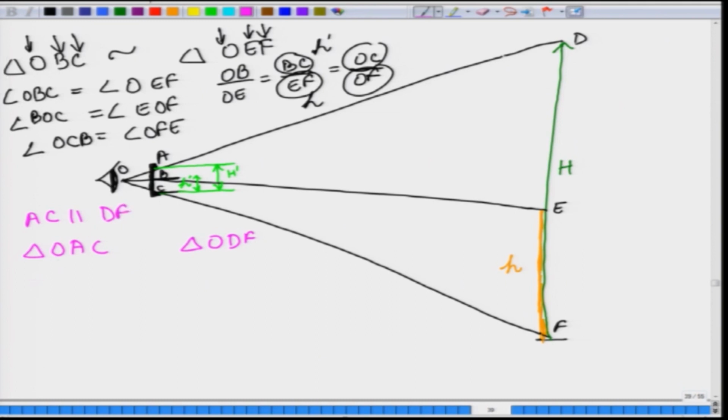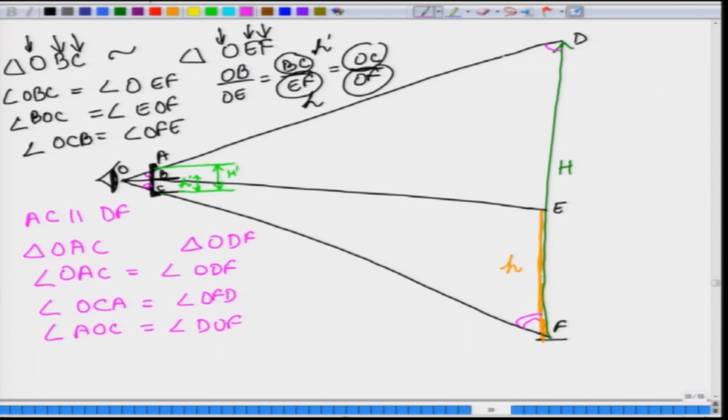So, that would mean that in both of these, angle OAC, this angle is equal to angle ODF, this angle, angle OCA, this one is equal to angle OFD, this one, and angle AOC is equal to angle DOF.